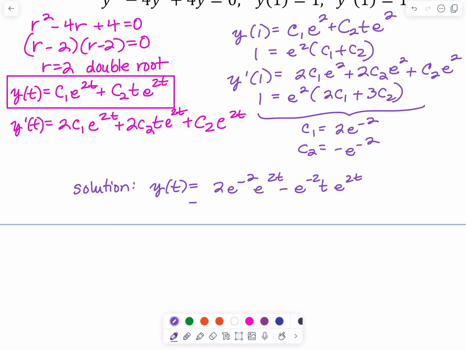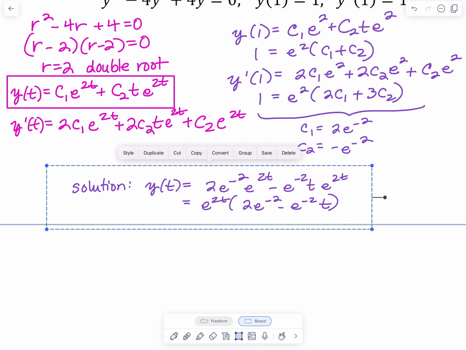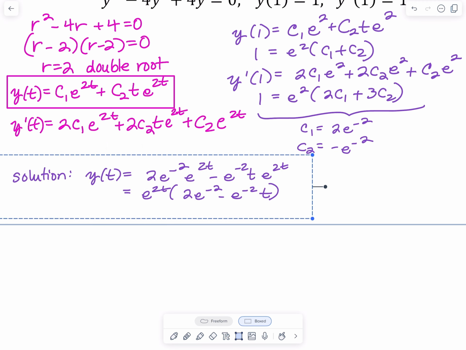We can go ahead and try to factor out an e to the 2t, and we can see that that's 2e to the negative 2 minus e to the negative 2 t, which brings us to a nice simplification.